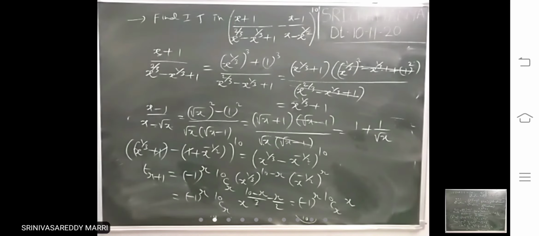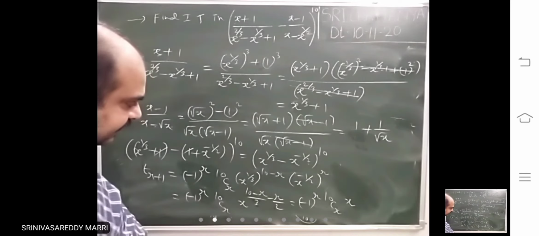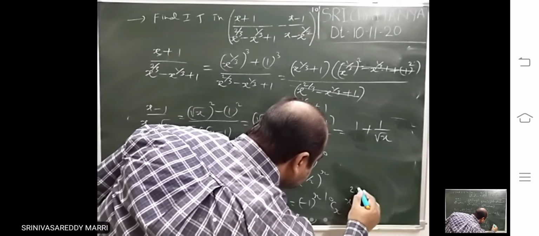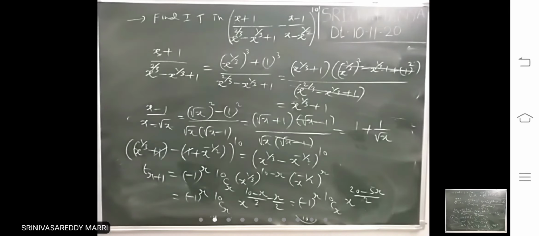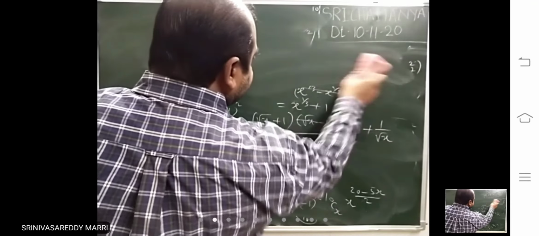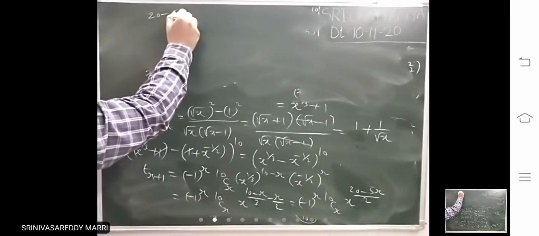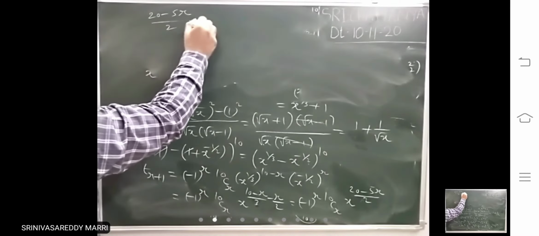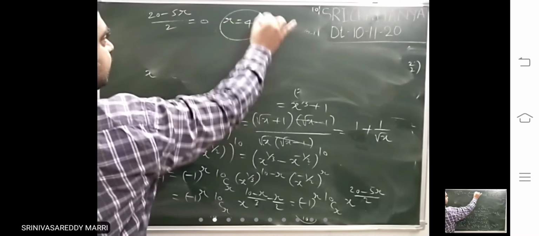if you take the LCM, what you will get? 20 minus 2r minus 3r, that means 20 minus 5r divided by 2. So now you have to find the independent term, that means equate that to 0. That means you will get r equal to 4.